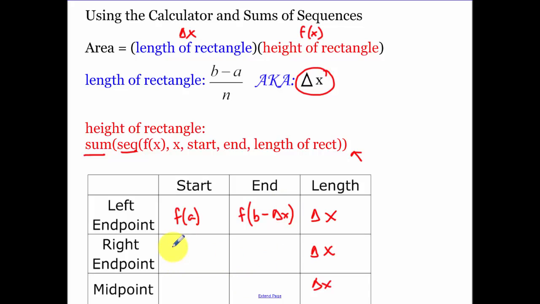For right endpoint, we ended at f of b, and what we did is we started by adding in our delta x. We went over to the right side of our interval and added. Now for midpoint, we started at a, but we went over half of our delta x to get that value. And then we ended 1/2 less than b.